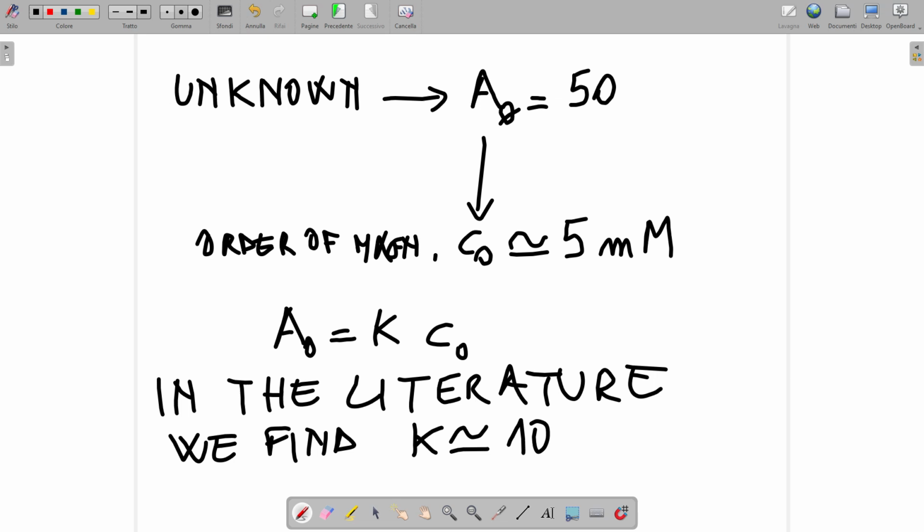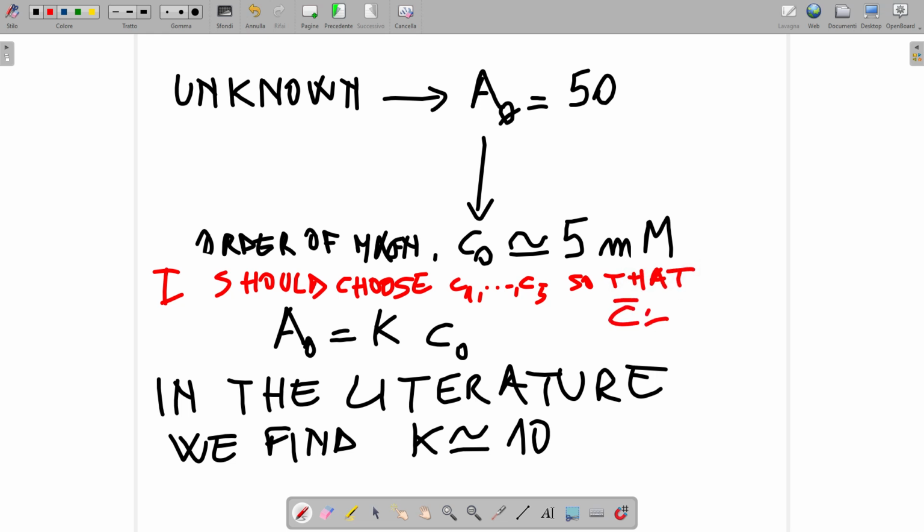Okay? Is it clear for you? So, if the order of magnitude of C0 is 5, I should choose C1 up to C5 so that C average is around 5.